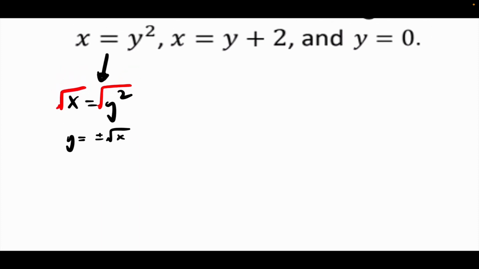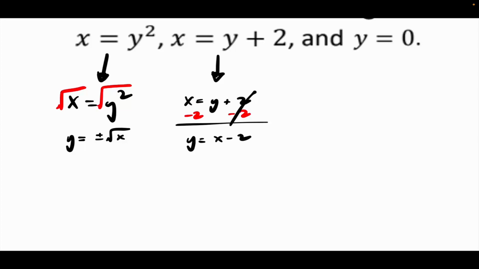That's that one. Next one, x equals y plus 2. Subtract 2 from both sides. You get y equals x minus 2.